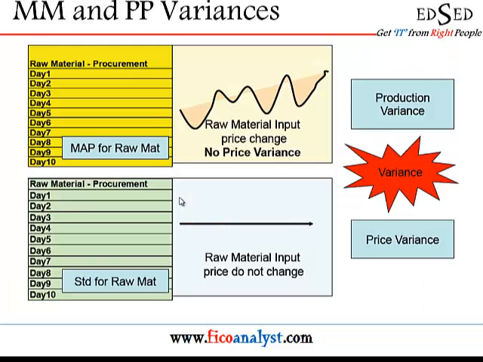And we deal with variances, which are PP variances and MM variances, like standard price calculations and moving average prices, and their impact in accounting. That's what we will work on, these MM and PP variances.